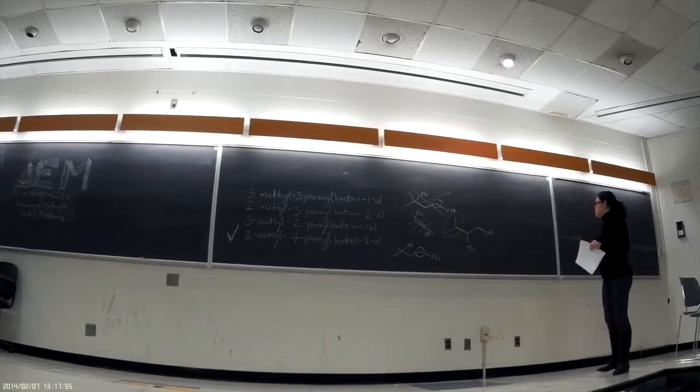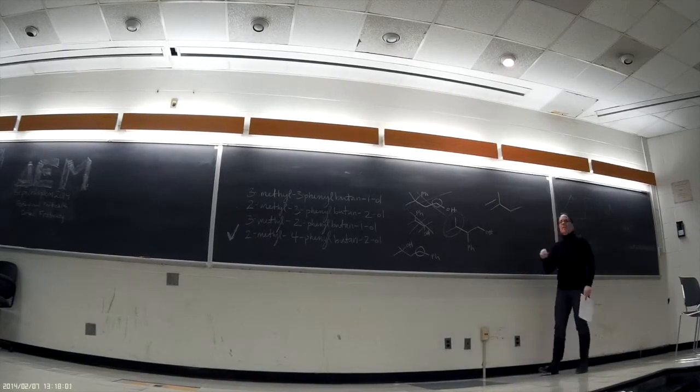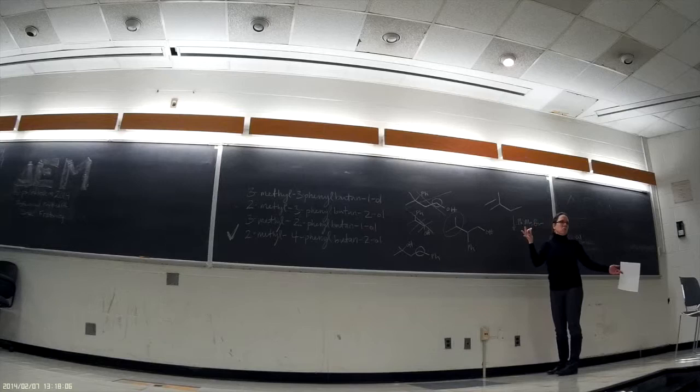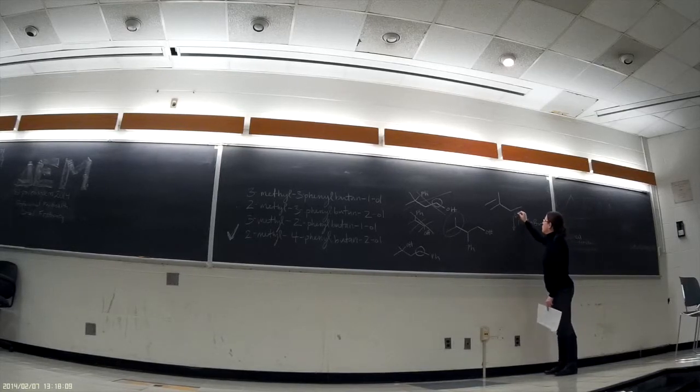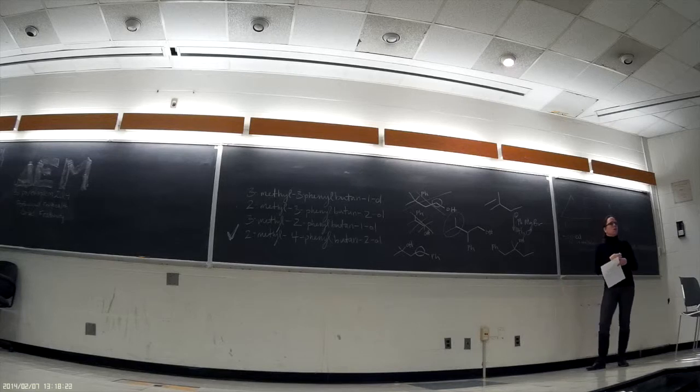Because structure G would have started with this alkene, and if you used a phenyl group to open that with a Grignard, right, a Grignard reagent that is phenyl in nature, followed by H plus or H3O plus, you would have wound up now with something like this, right, where this would have had to attach to the less substituted environment. Does everyone understand what I mean? This is part of what we'll be reviewing today, but this is actually the answer.